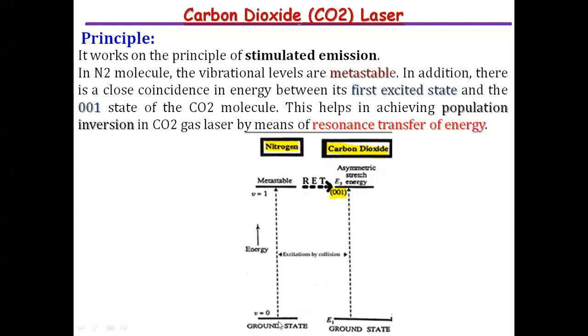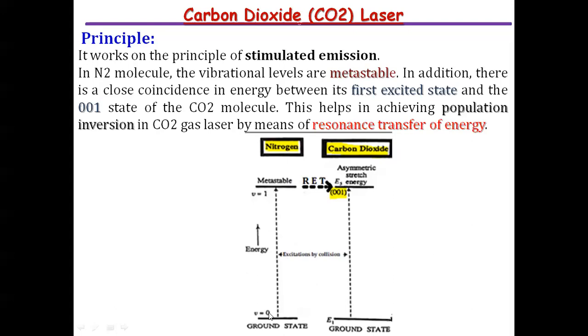The nitrogen molecule will have an energy level. You just look at this diagram here. Ground state of nitrogen molecule is represented by mu is equal to 0. This is a notation. And the excited state of nitrogen molecule is represented by mu is equal to 1.